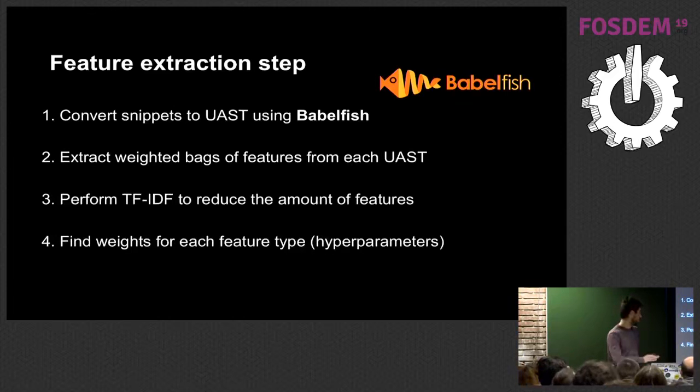We could use purely the weighted bags of features as is, but if we wanted, for instance, to look more at the structural differences between code, then we would be able to give more weight to the structural features, and inversely, we could do the same thing for syntactical features. So that was the first step of Gemini.